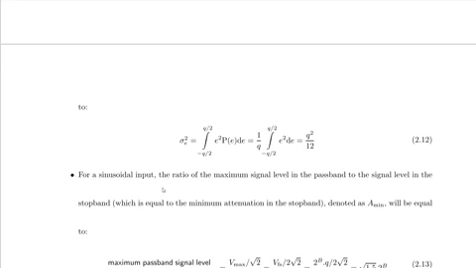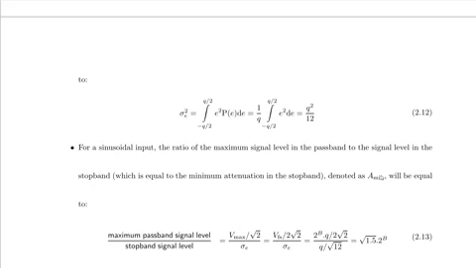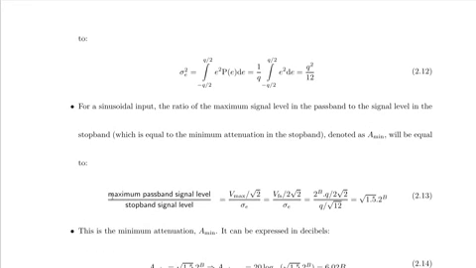For a sinusoidal input, the ratio of the maximum signal level in the passband to the signal level in the stopband, denoted as minimum attenuation or A_min, is equal to the maximum passband signal level over the stopband signal level, which is V_max over square root of 2 over sigma_e, or the standard deviation of noise.